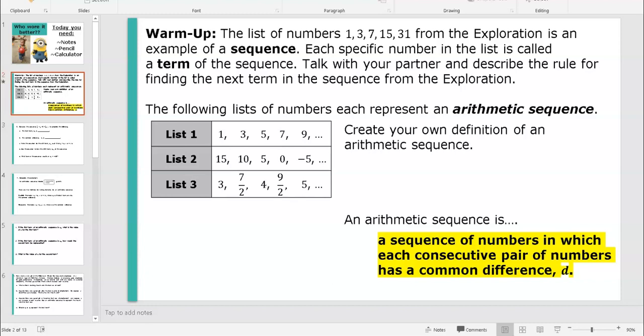Okay. It's a sequence of numbers in which each consecutive pair of numbers has a common difference. So notice on the ones in our table, we added or subtracted the same thing each time. Right? It's the adding and subtracting that makes it arithmetic.